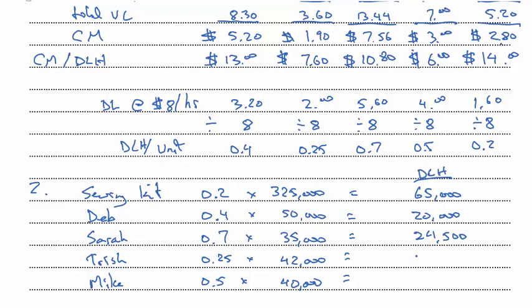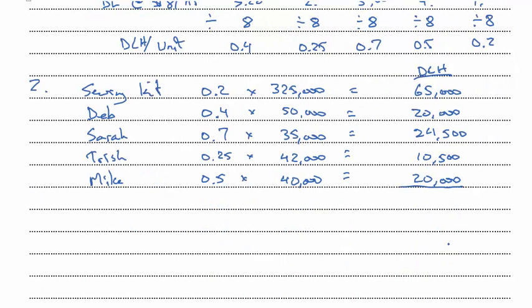Trish, 0.25 times 42,000 is 10,500. And Mike, 0.5 times 40,000, 20,000. So if we add all of this up, we get 140,000 direct labor hours to make all the products out there in order to satisfy the existing demand.